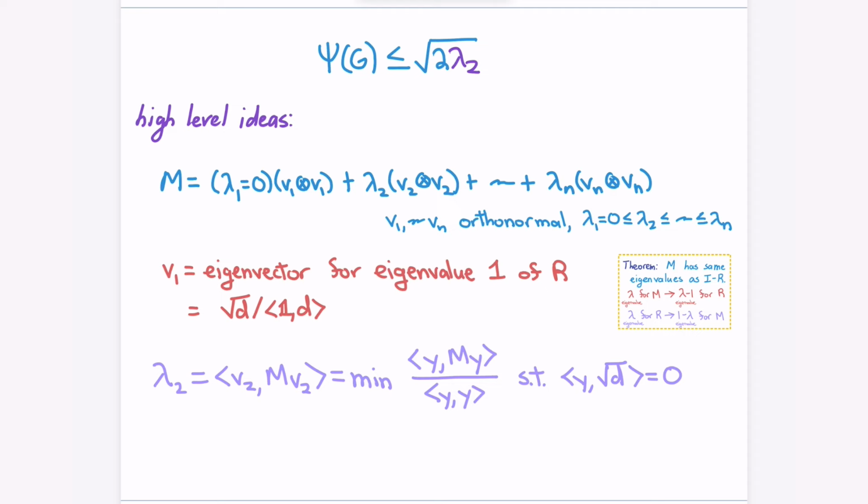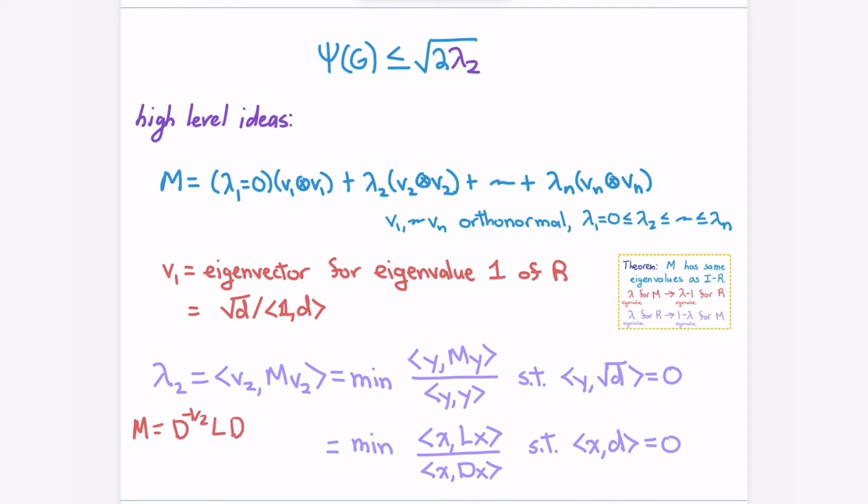Okay. And I think there's a little bit more intuition here. Let me explain this a little bit. So M was equal to, if I remember correctly, D to the minus 1/2 L D to the minus 1/2.